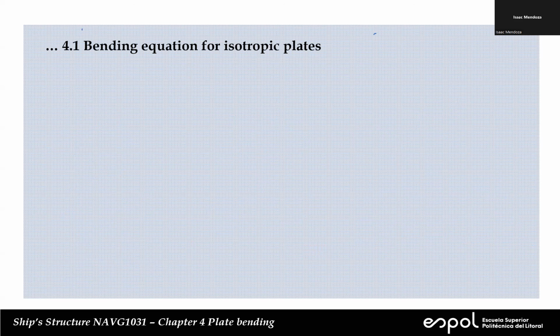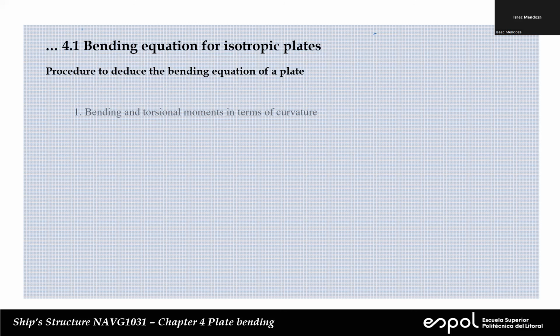Okay, now let's describe in general what we're going to be doing. We're going to do three steps. First, we're going to relate the bending and torsional moments with curvature.